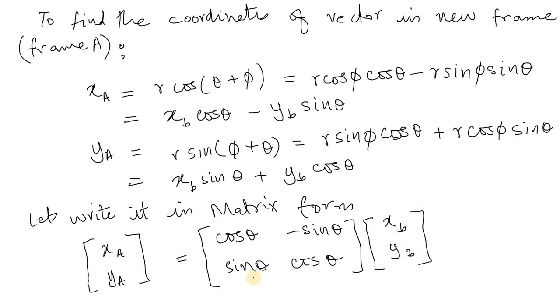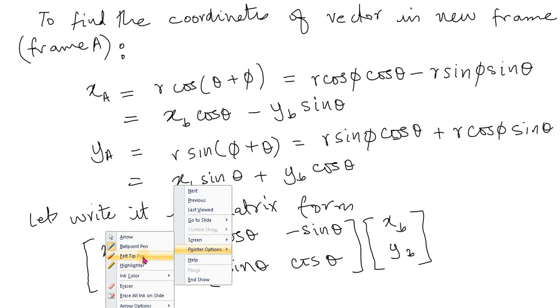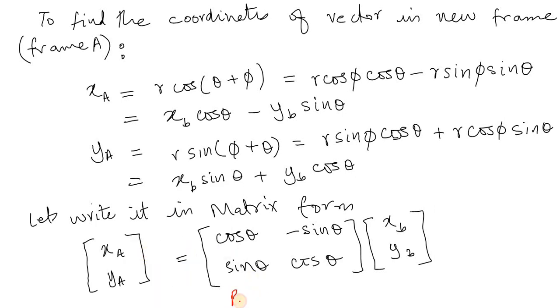So again you see this matrix here, this is a rotation matrix. It means that by simply multiplying the x and y components of the previous frame with the rotation matrix, we can get its components in the new frame. This is another use of the rotation matrix.